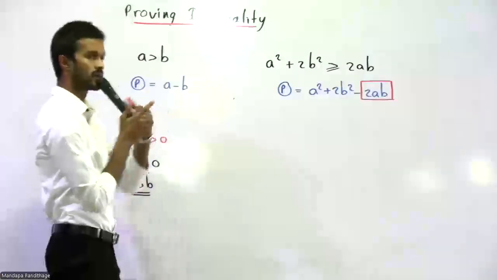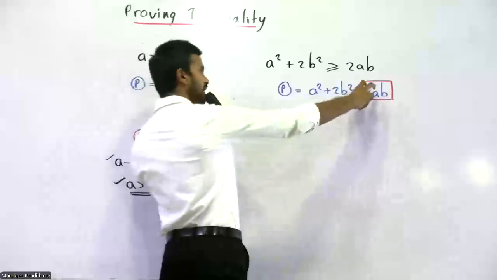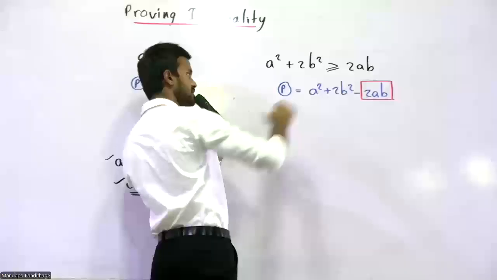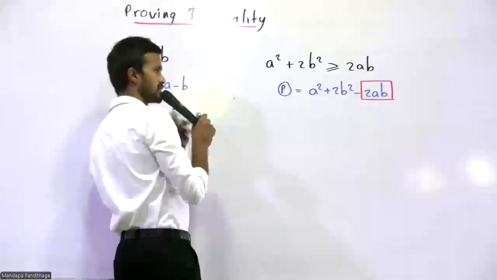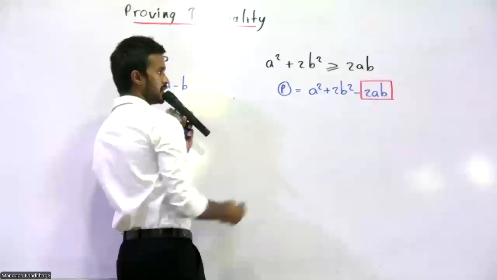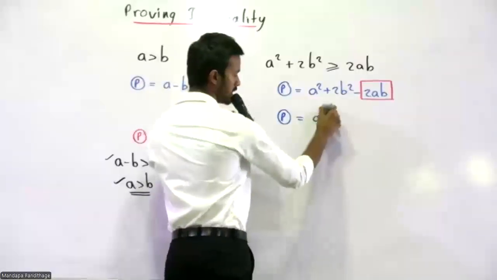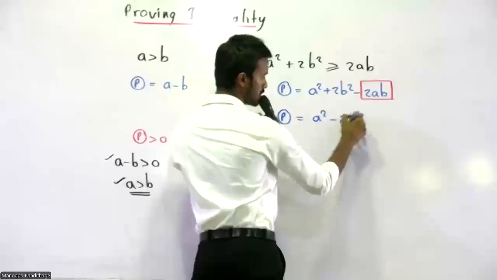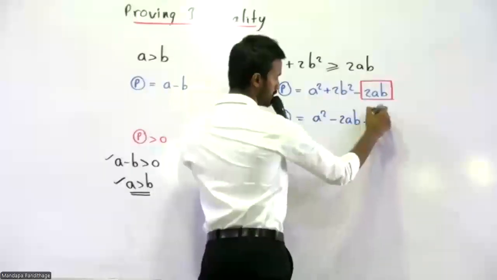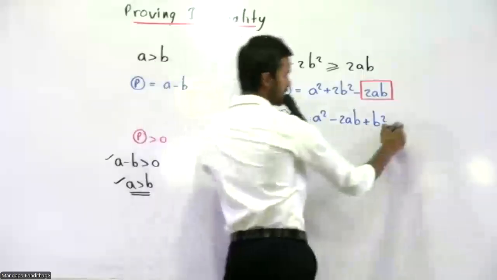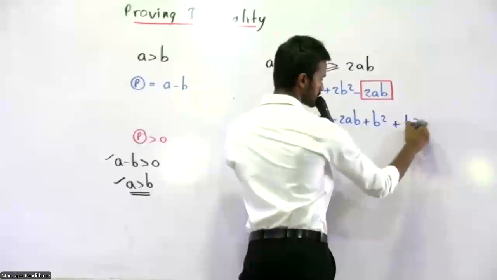We have to think of a way to combine this with these two such that I can say it's a positive term. We have minus 2AB, so I'm taking A squared minus 2AB, and I'm taking 1 B squared out of the 2B squared, and then we have the remaining B squared.